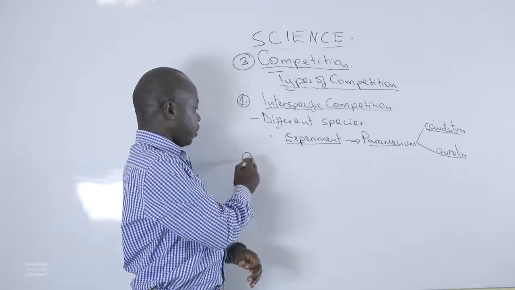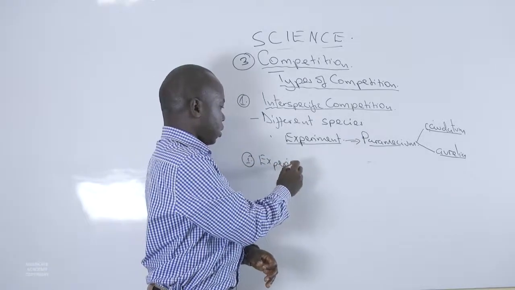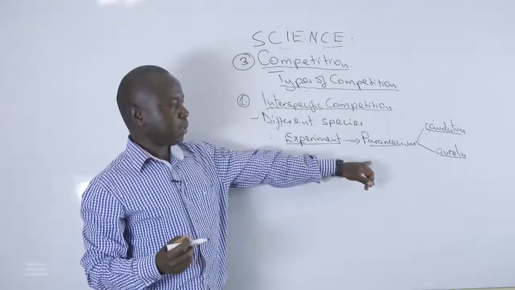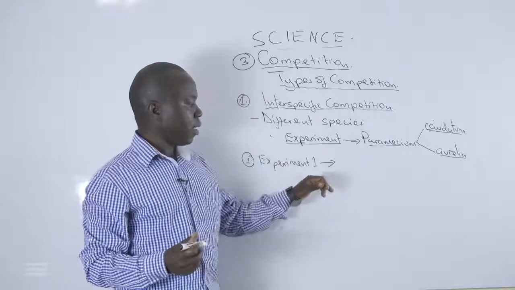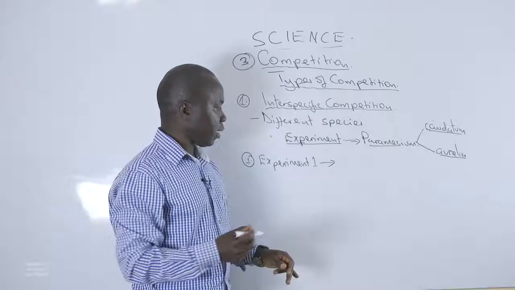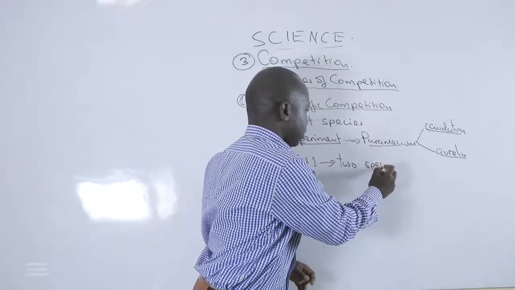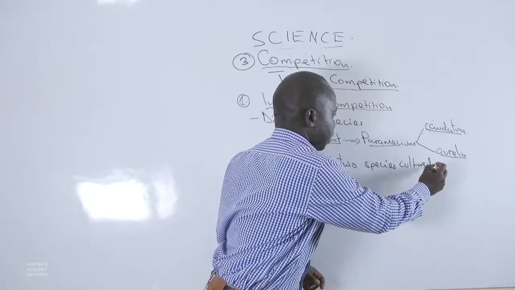So in experiment 1, the two species, Paramecium caudatum and aurelia, were cultured separately in different media.